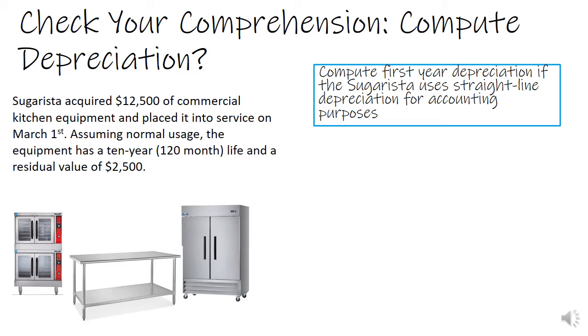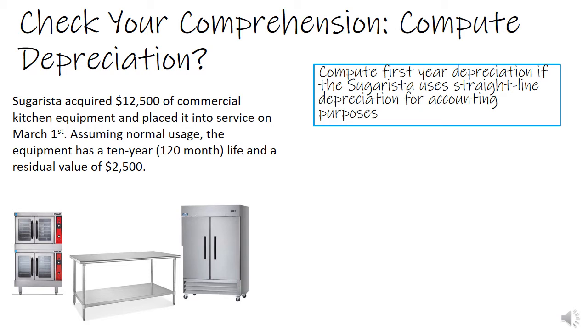See how that comparison works out: the straight line computation versus the MACRS calculation. I will compute this on commercial kitchen equipment that has a 10-year lifespan and a residual value of $2,500.